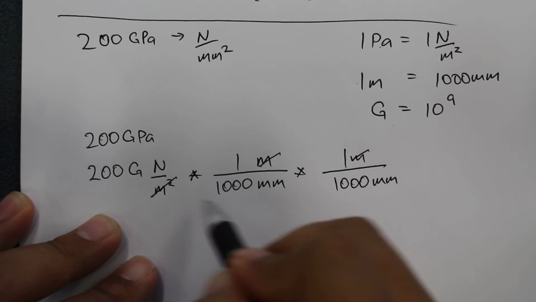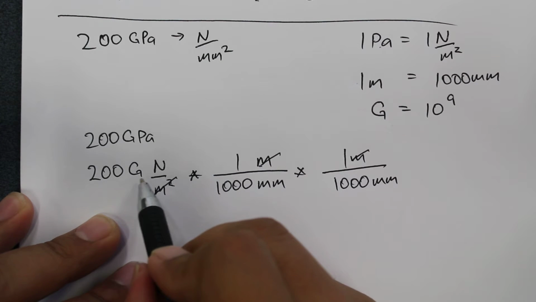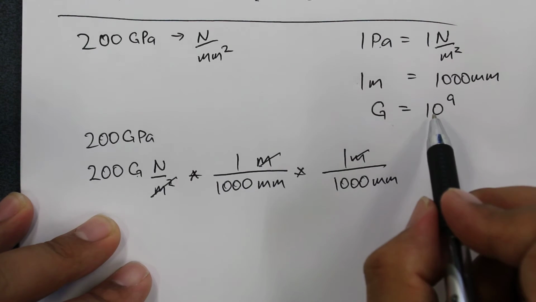And we're left with 2,000 times, so we've got the giga prefix, so 10 to the 9.